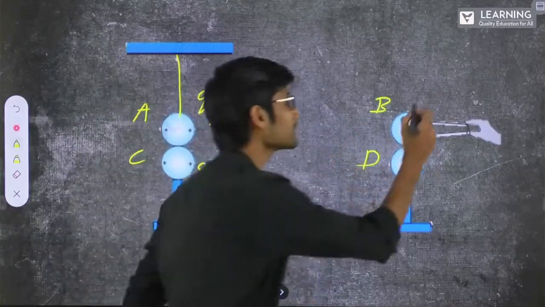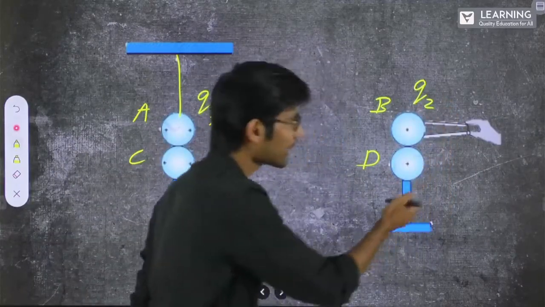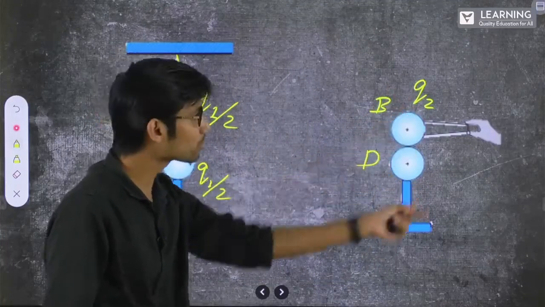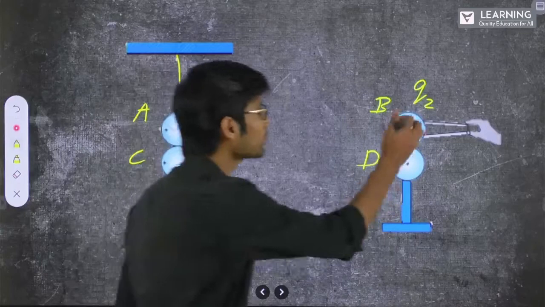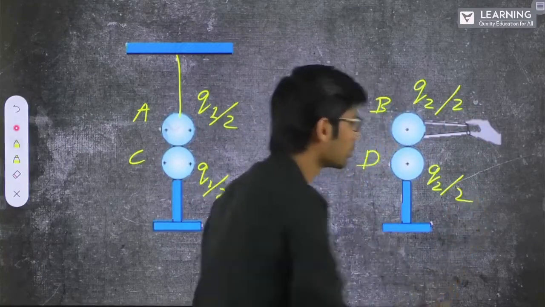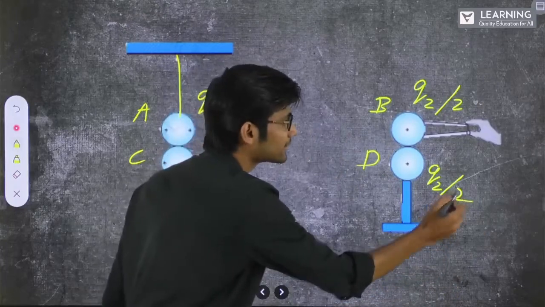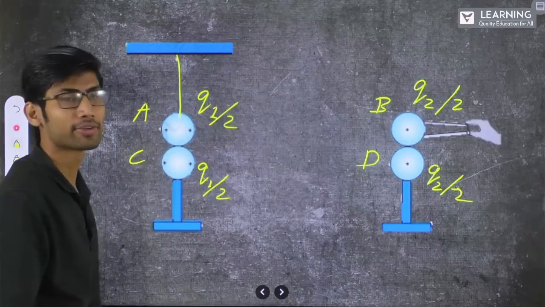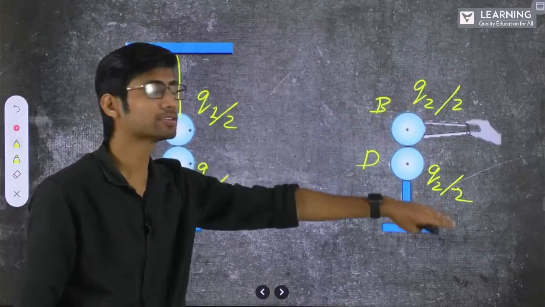Here, this was having Q2. Both are having same sizes as mentioned. Q2 will distribute equally between both the spheres. So this will become Q2 by 2 and this will also be charged by Q2 by 2. So what is happening basically is half of the charge is transferred to the other sphere, and from here also, half of the charge is transferred.